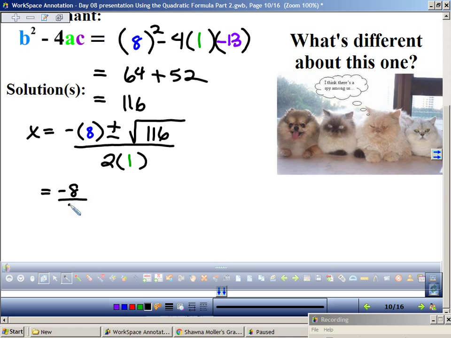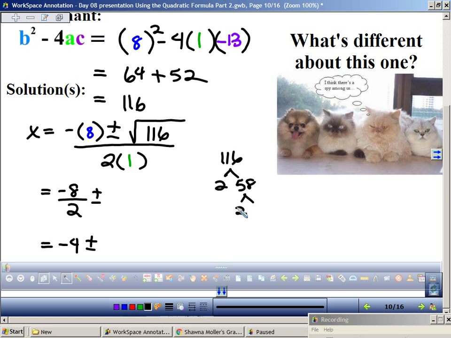So I'm going to get negative 8 over 2 plus or minus. So this is my axis of symmetry. What's my axis of symmetry, folks? Negative 4. And then we're going to go plus and minus. Let's break down 116. 2 goes into 11 5 times with 16 left over.